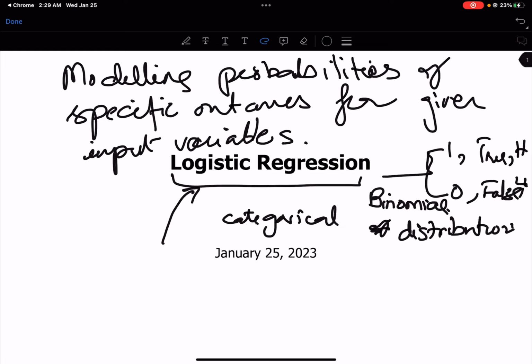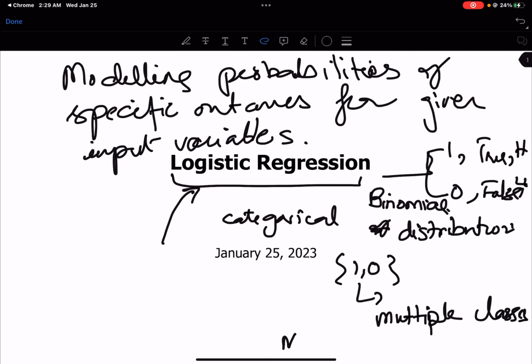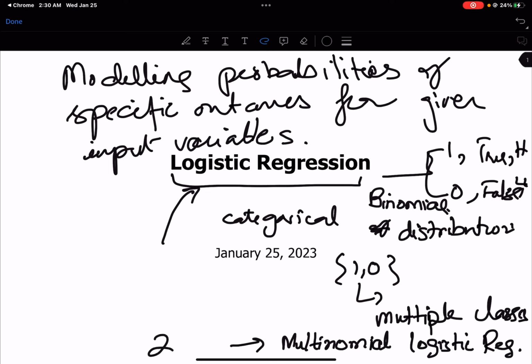And when we have not just two classes, when we have multiple classes of our data, then we can use multinomial logistic regression, when we have more than two possible outcomes.